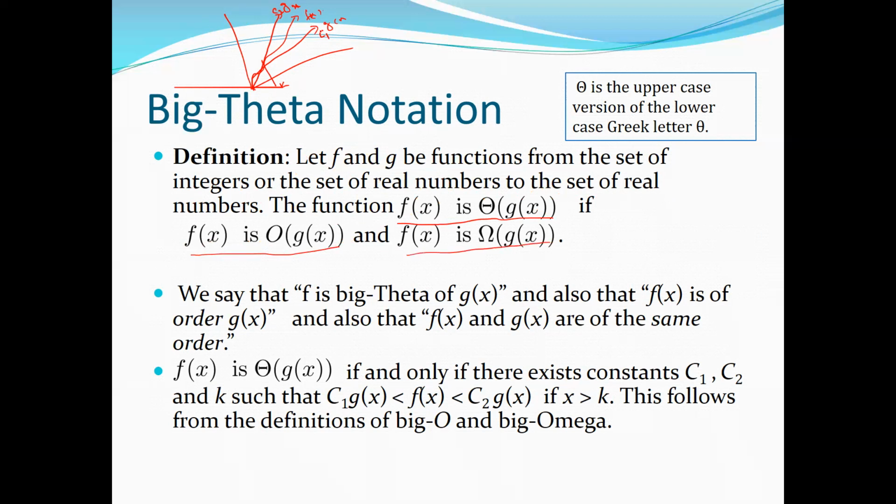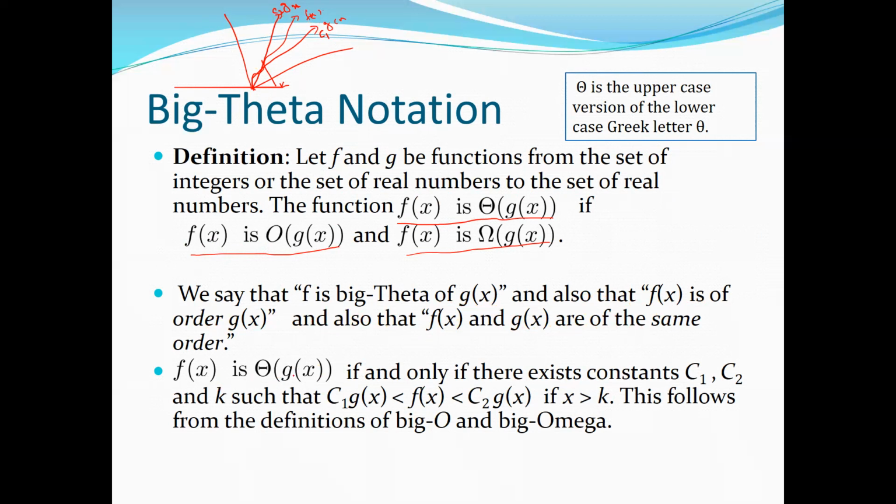That means for different constant values c1 and c2, f of x is both omega of g of x and big O of g of x. We say that f is big theta of g of x, also that f of x is of order g of x, and also that f of x and g of x are of the same order, right?